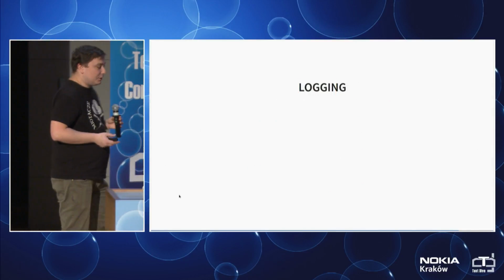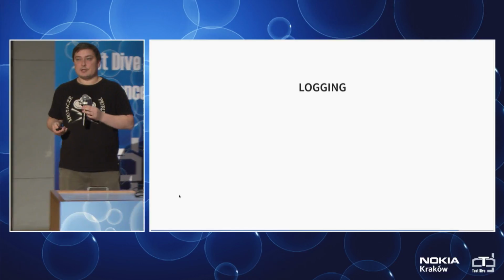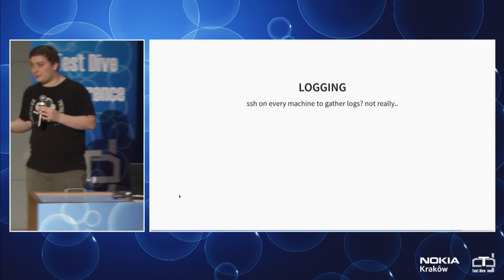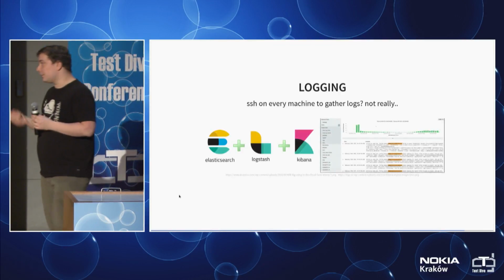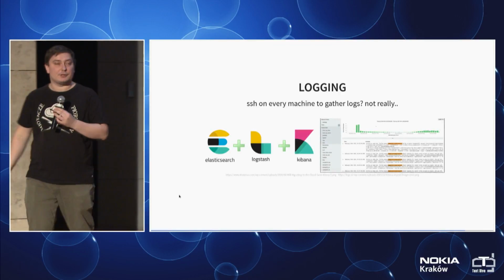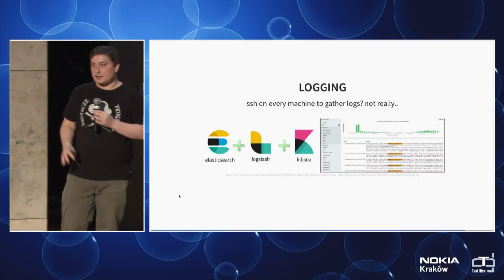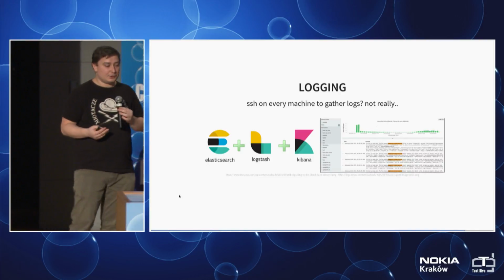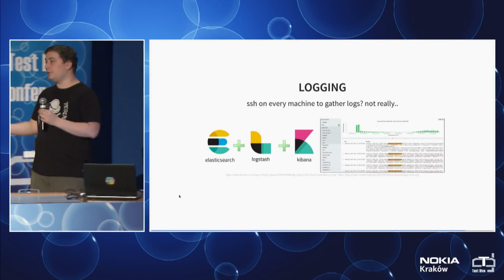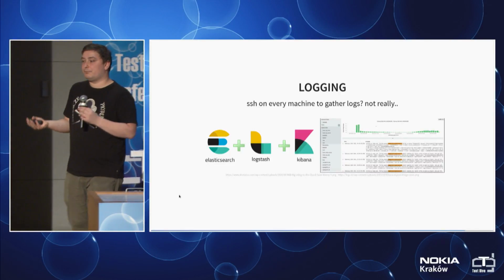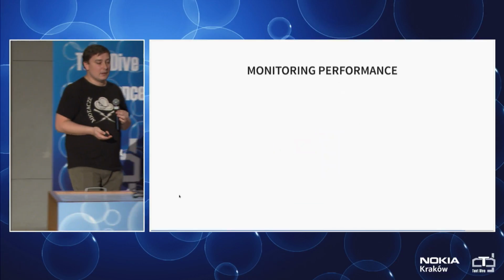So when it comes to logging, we also can't SSH into each machine to gather the logs, right? It's not possible. You need to use some centralized solution, like we are using Elasticsearch with Logstash and Kibana. And basically, if you get used to it, you can be quite fluent, but still you need to deploy additional machines, which basically brings other problems.